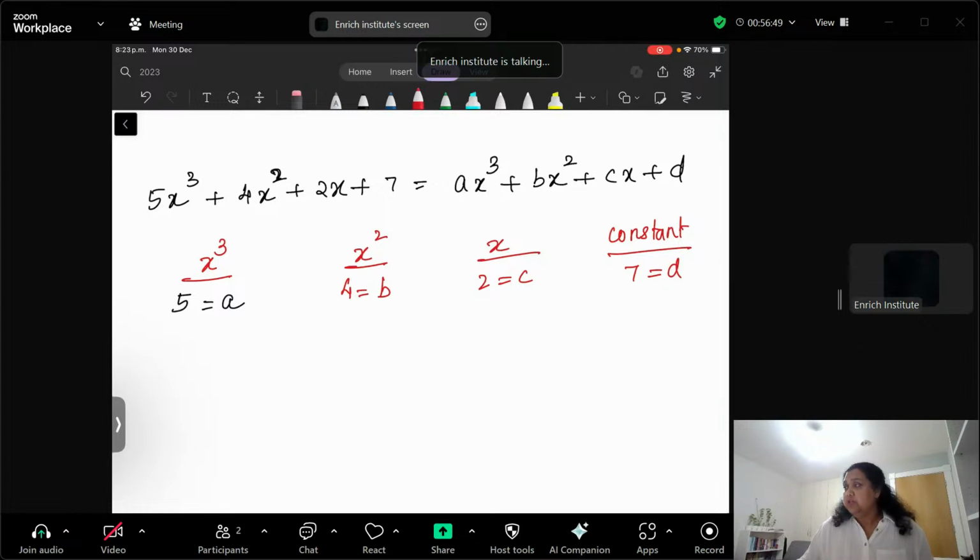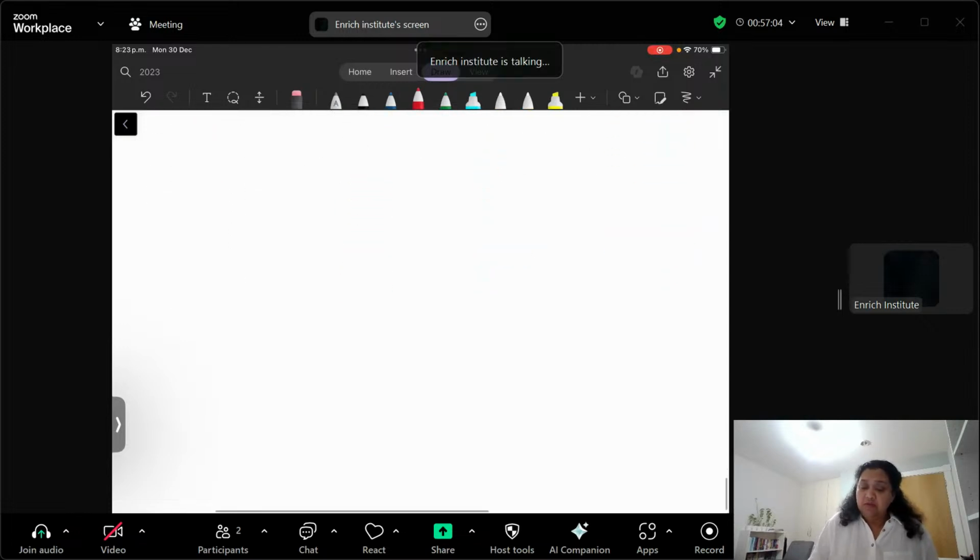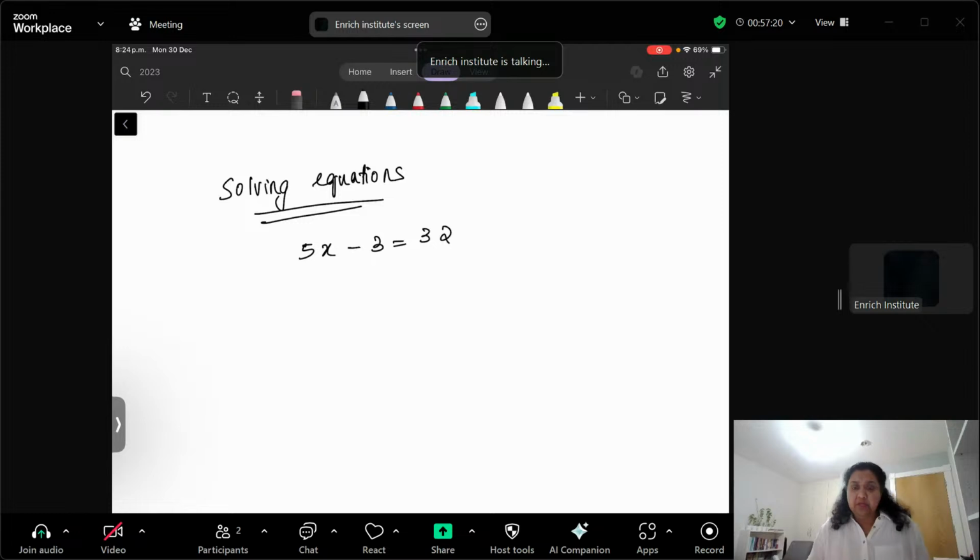Now, moving on to the next topic: solving equations. We have learned solving equations in junior cert, where you have something like 5x minus 3 is equal to 32, a very common linear equation.